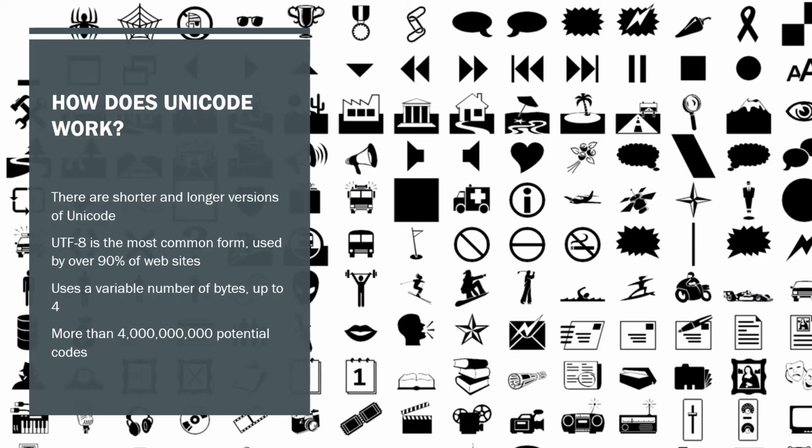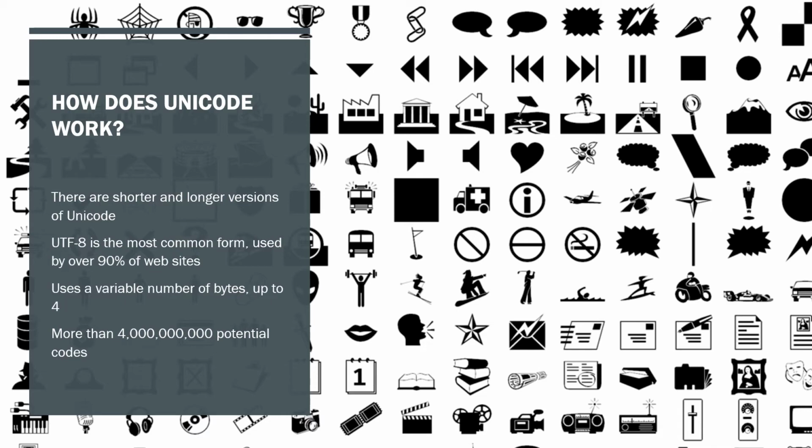Well, there are a few different versions of Unicode, but the most common one is called UTF-8, and that's used by over 90% of websites. And this uses a variable number of bytes. So if it's using the old ASCII code, it just uses 1 byte, but it can extend up to 4 bytes long, which gives us more than 4 billion different codes.